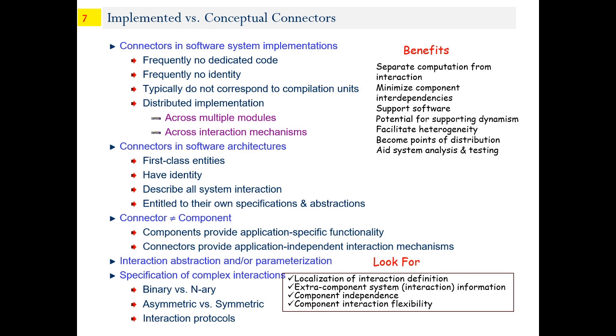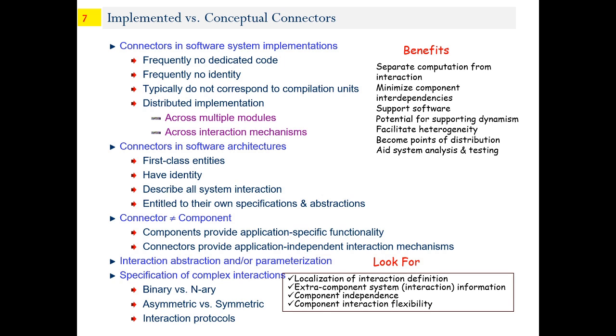Now look at the benefits. Separate computation from interaction. That is our requirement. Minimize the component interdependencies, that is achieve low coupling as far as possible. Support the software potential for supporting dynamism, that is address the concurrency issues. Facilitate the heterogeneity, that is state changes. Do they require to be migrated or should they be kept within the components?